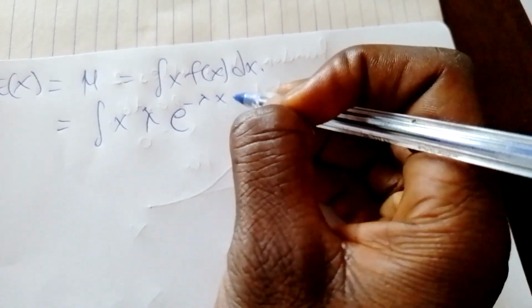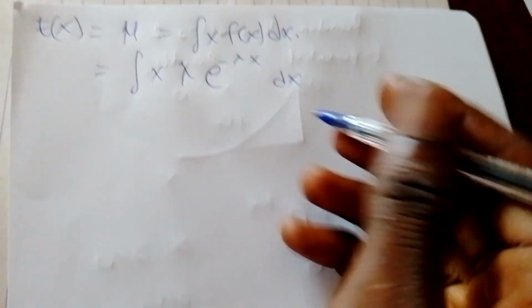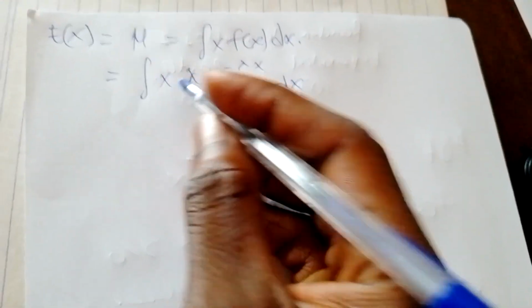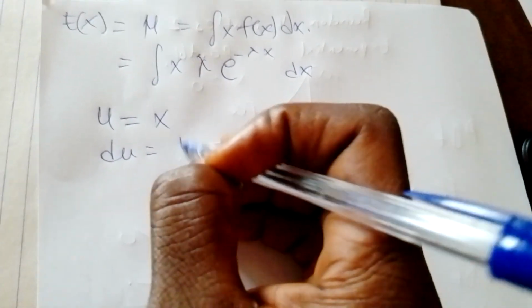With the lambda e power negative lambda x dx, something like this requires integration by parts, so I won't go much into that, but we'll do it simply. We set u equals x, which means du will be dx.